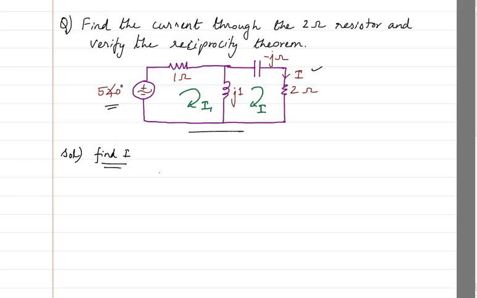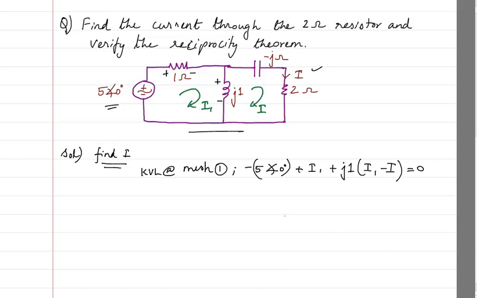Now I am going to write the equation, KVL at mesh 1. This is going to be plus, this is going to be minus, this is going to be plus, this is going to be minus. So this is minus 5 plus I1 plus j1 I1. Here we get minus 5 angle 0. Always remember to put the bracket.